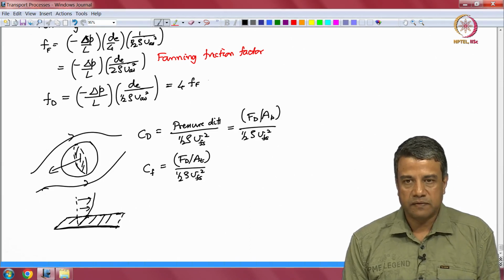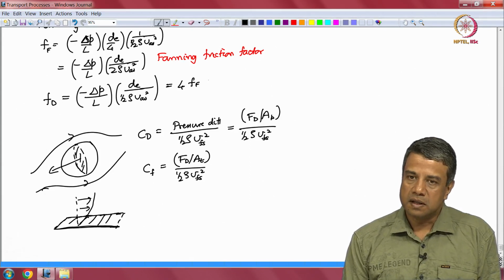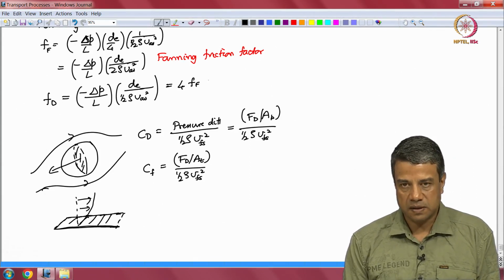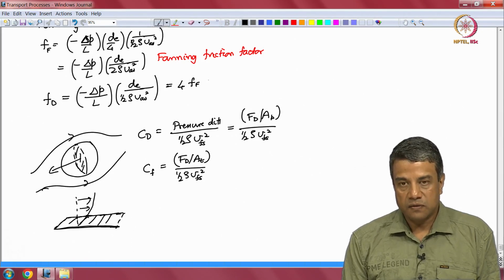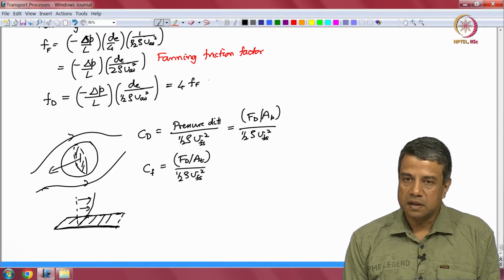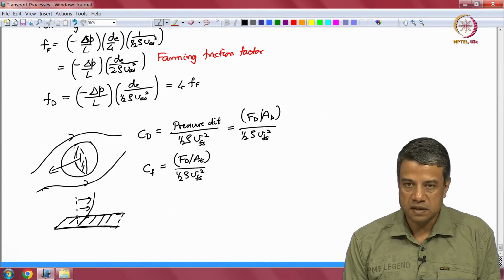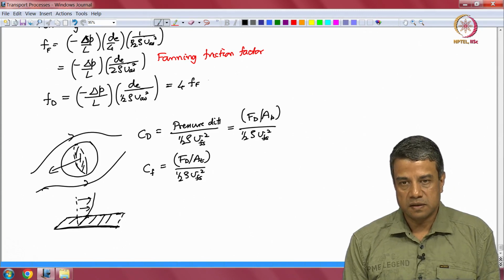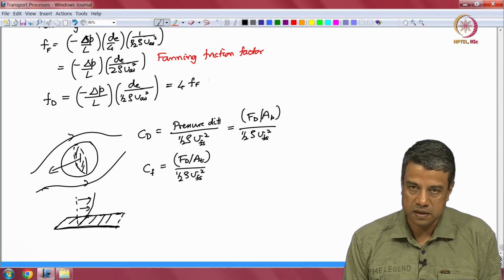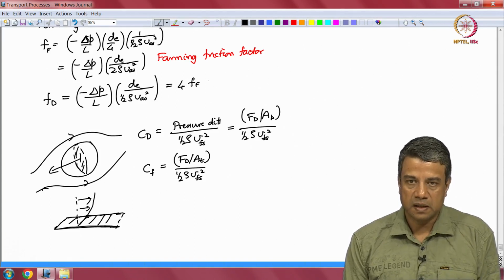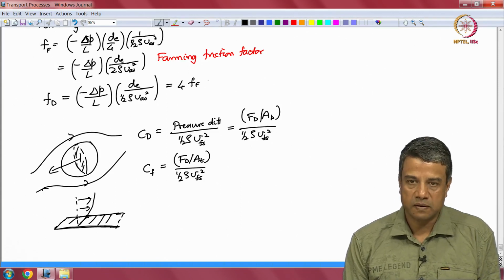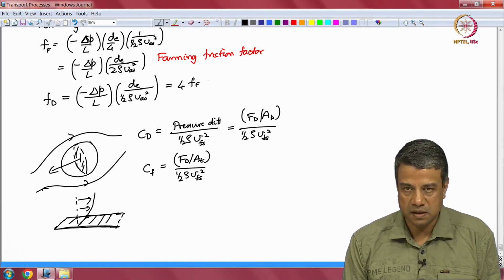So, in the limit where convection is not important, dimensionless groups that are scaled by diffusive scales will all go to a constant. The drag coefficient, friction factor, skin friction coefficient are scaled by inertial scales. So, when inertial forces are no longer important, these will scale as 1 over the Reynolds number. And at high Reynolds number, when inertial effects are dominant, they will scale in different ways that we will discuss in the next few lectures.